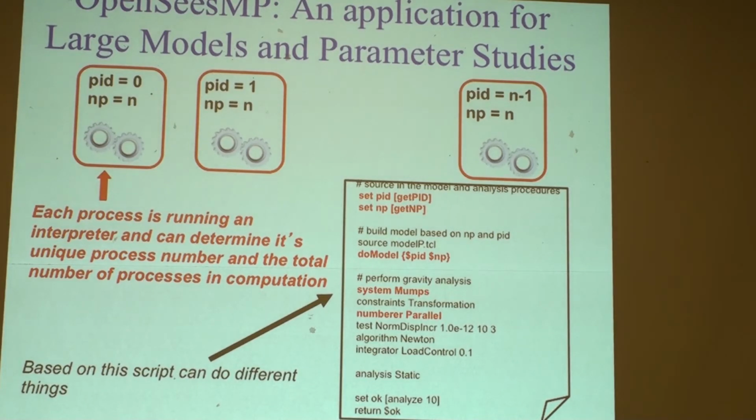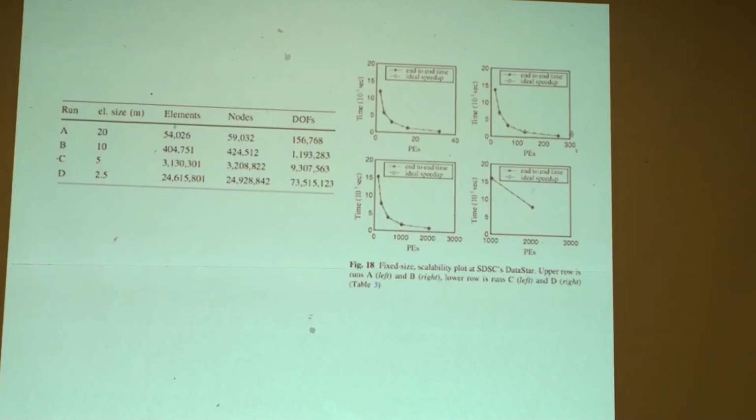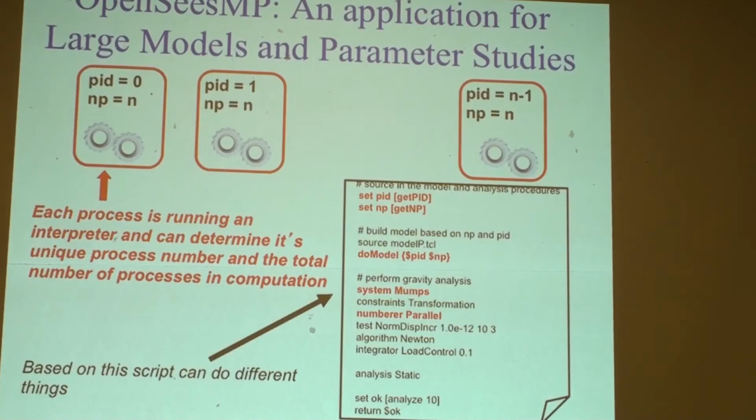So the other interpreter, NP, is basically for large models and parameter studies. The difference between NP and SP is that on NP, every single process is running an interpreter. Your script that you start goes to every single process, and each script can determine what its unique process ID is.